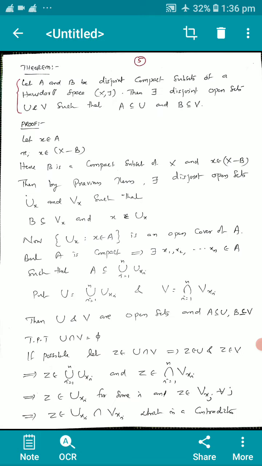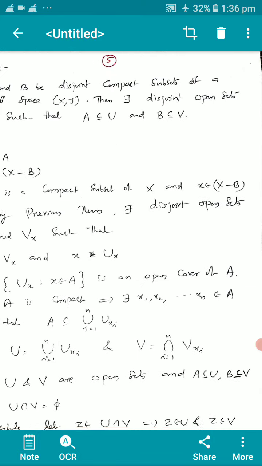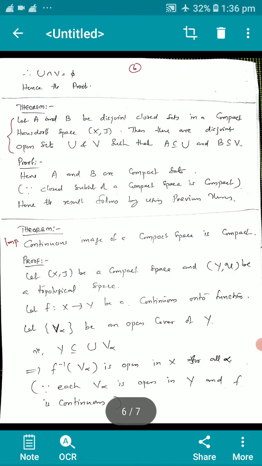That means Z is an element of Uxi intersection Vxi for some i, which is a contradiction. Therefore, we get U intersection V equal to phi. Hence the proof.